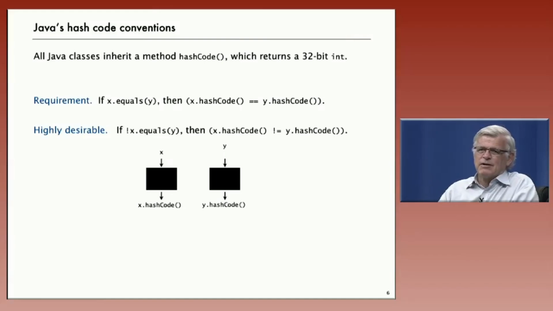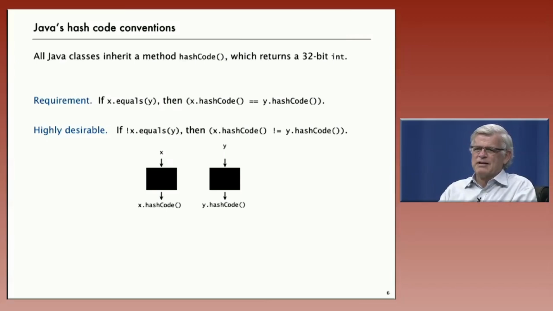In particular, all Java classes inherit a method called hash code, which returns a 32-bit int value. And it's a requirement that if x and y are equal, then their hash codes should be equal. So that is a convention that's built into Java, and that enables the hash code to be used for hashing.